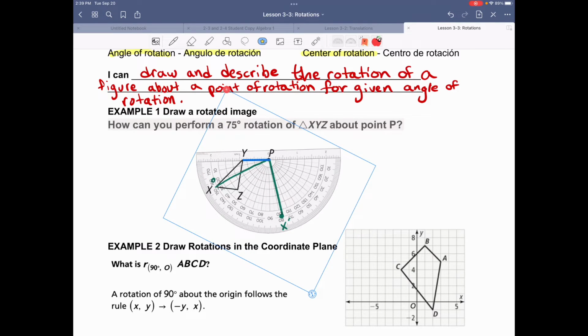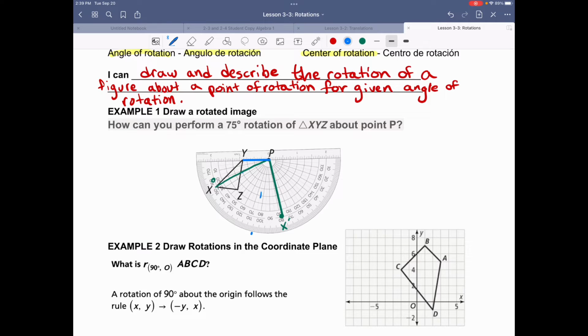My protractor 0 is at P, and then it goes to Y. From there, I figure out where 75 degrees from Y is. Y is starting at 0, so I count 10, 20, 30, 40, 50, 60, 70, 75. And that's going to be somewhere over here, and I'm just going to mark it. You can even mark it out here on the edge of the protractor.